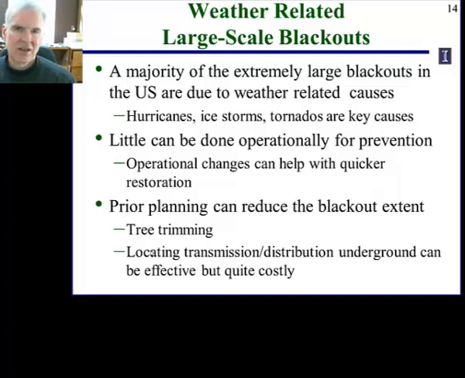Certainly transmission lines and distribution lines that are underground are going to be less affected by wind. Okay, but of course, undergrounding the electrical system can be quite costly, with some estimates ranging between 10 or 20 times the cost of building an overhead line.